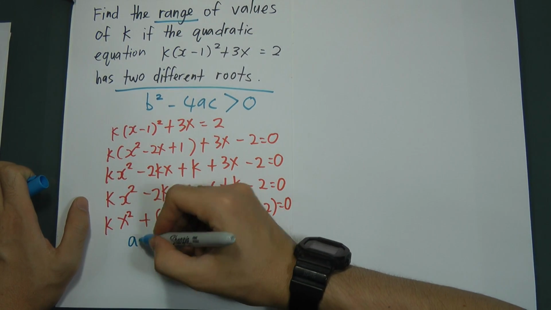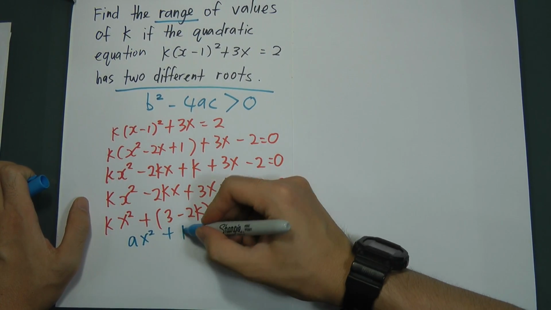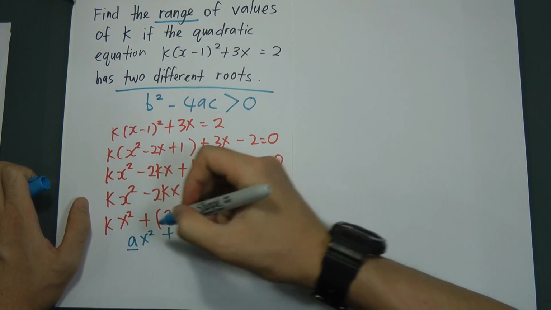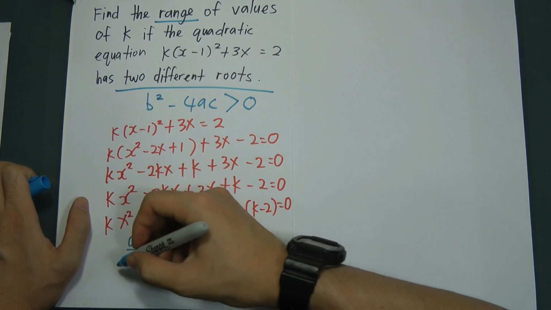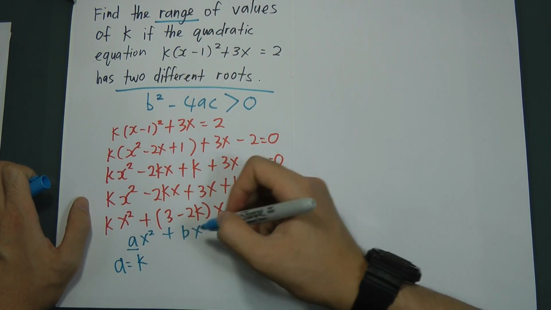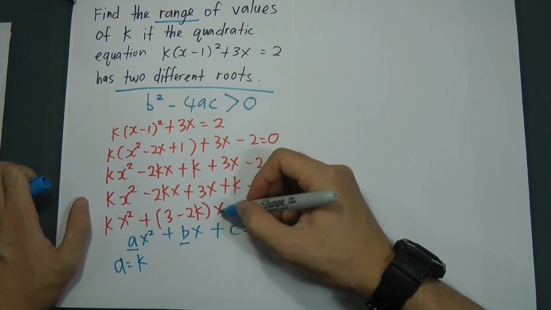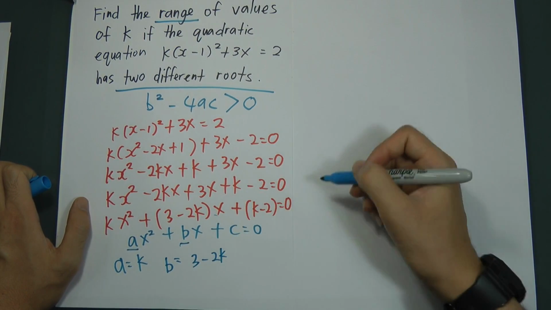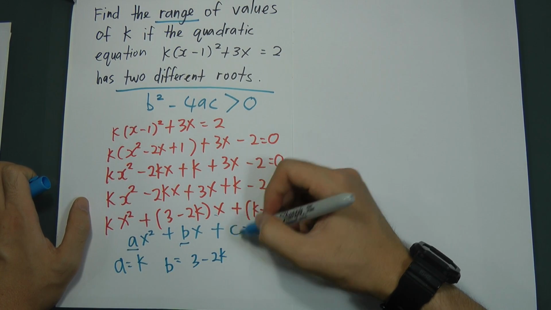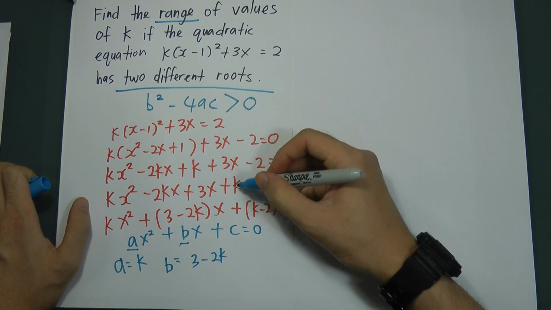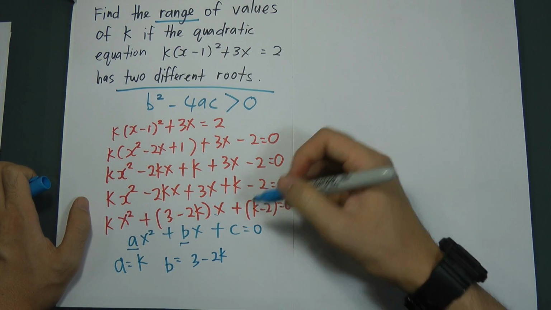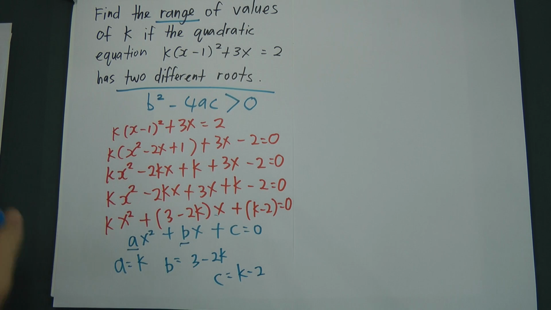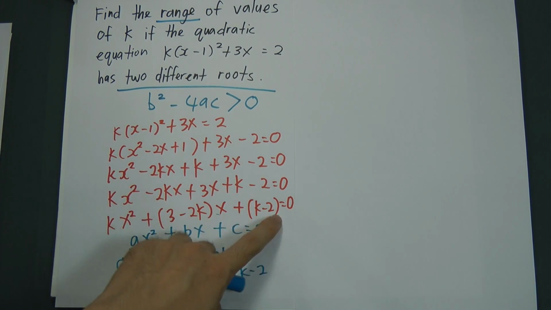I always write the general form one more time to make sure you all understand. a should be beside the x squared, so a over here will be k. b should be beside the x, so b in this case will be 3 minus 2k. And c will be the only one that does not have x: k does not have x and negative 2 does not have x. So c in this case will be k minus 2. Okay, it's very obvious, a, b, and c.